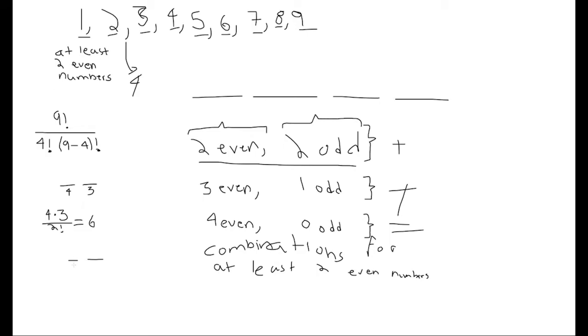For this first position, we can have 5 different numbers, because there are 5 odd numbers. Now for the second position, we can have 4 different numbers, because it can have any number excluding the number that is in the first position. So the number of permutations we have is 20, since 5 times 4 is 20.